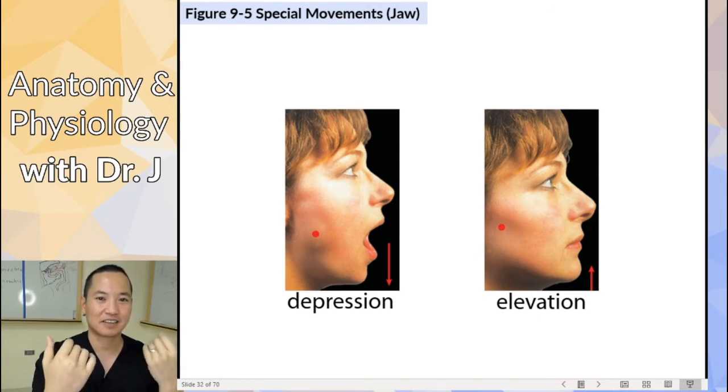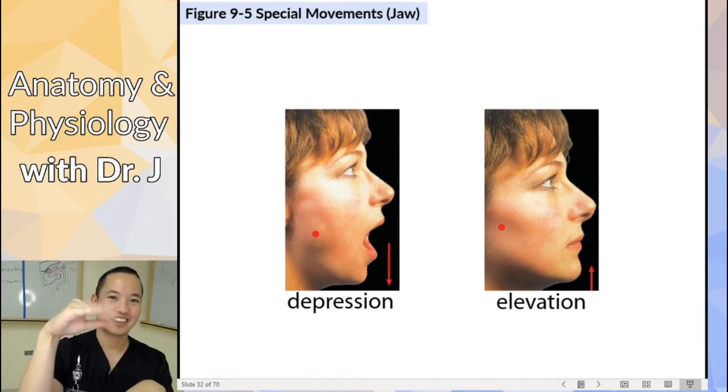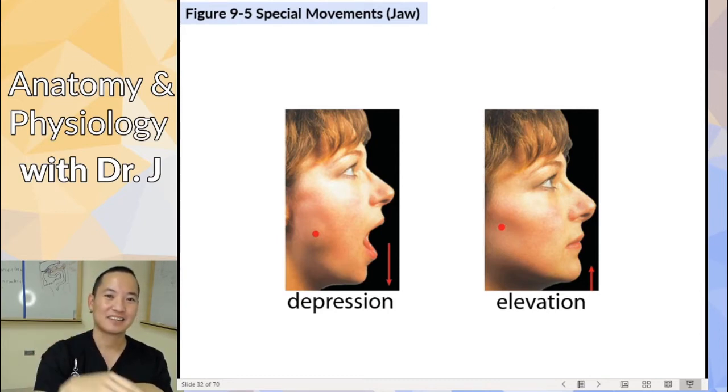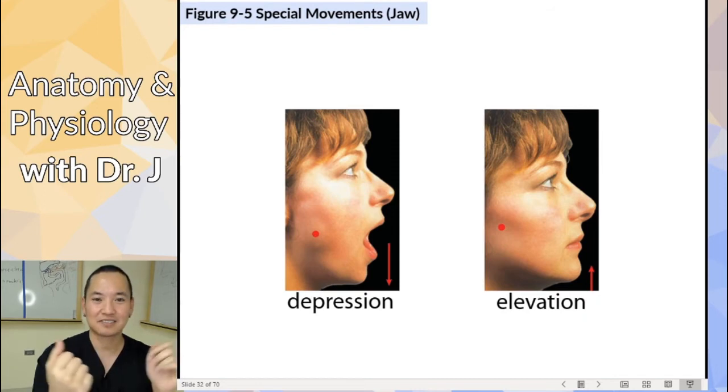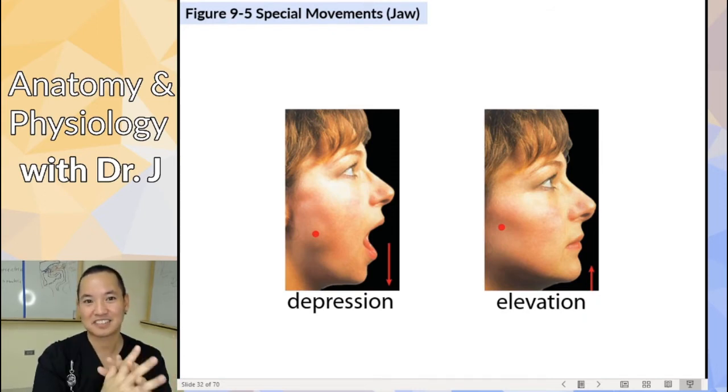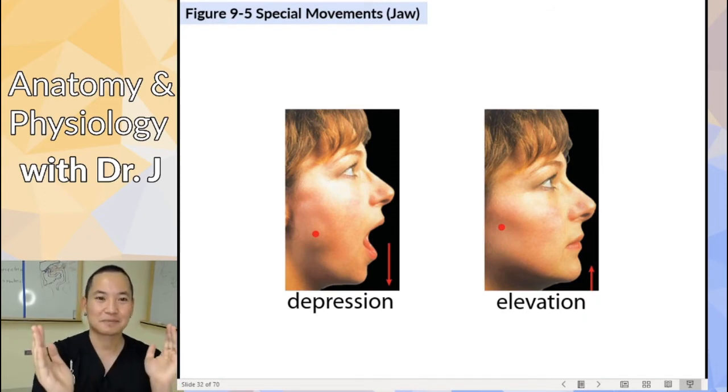When you imitate someone talking, you typically act like the jaw is a hinge. But your jaw is pretty special in that it can do protraction, retraction, depression and elevation, and also the lateral and medial excursion.